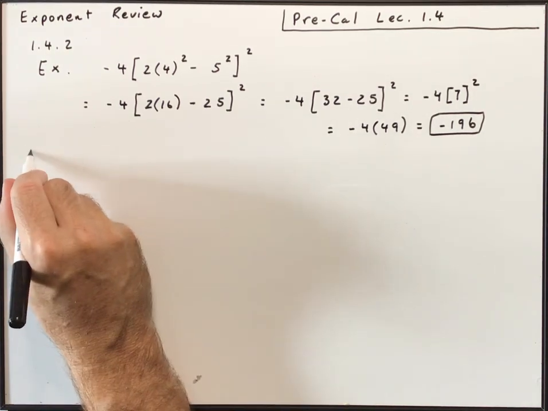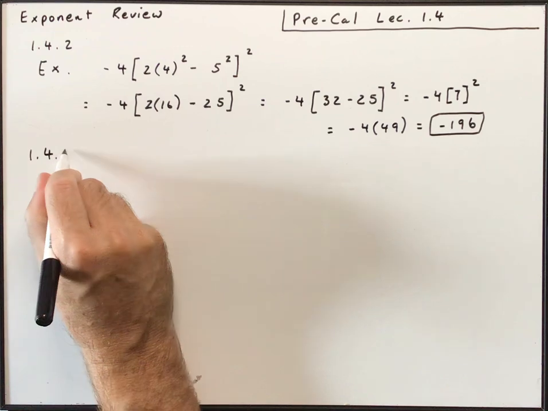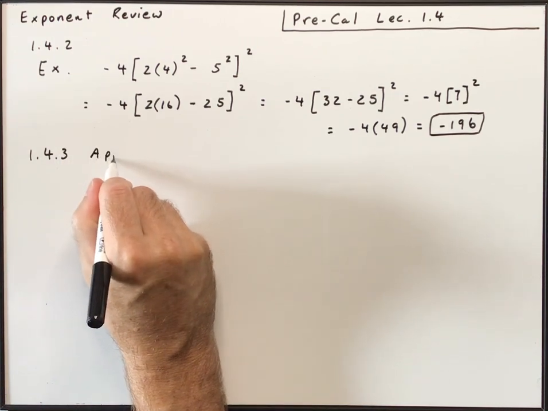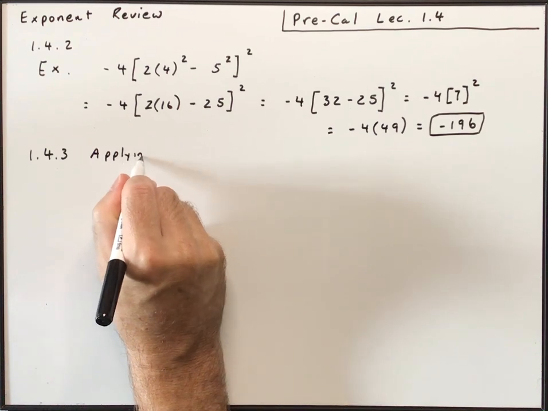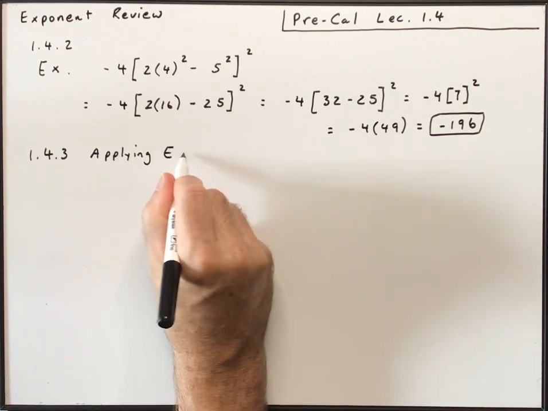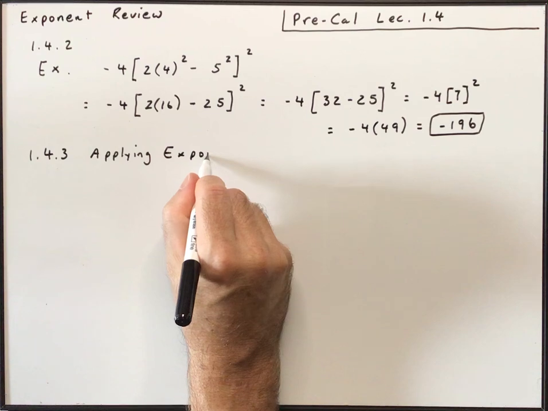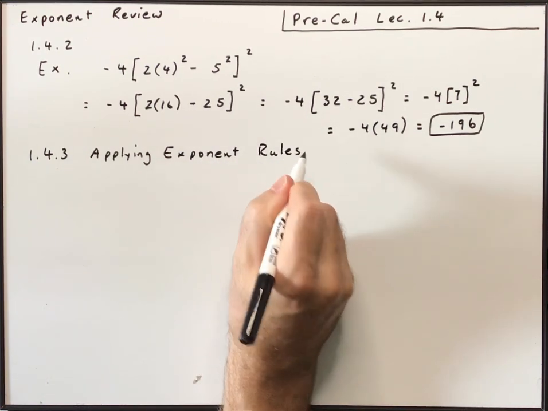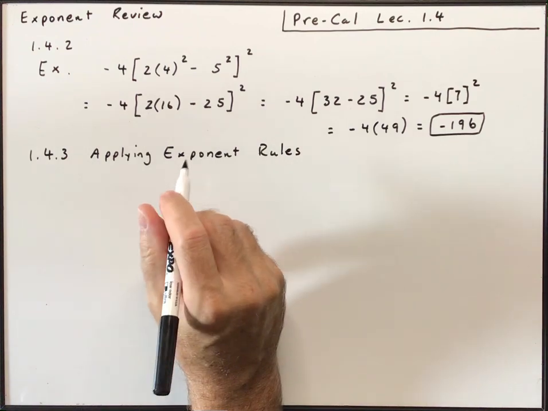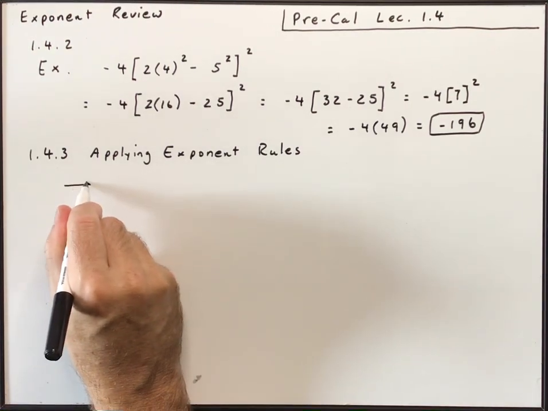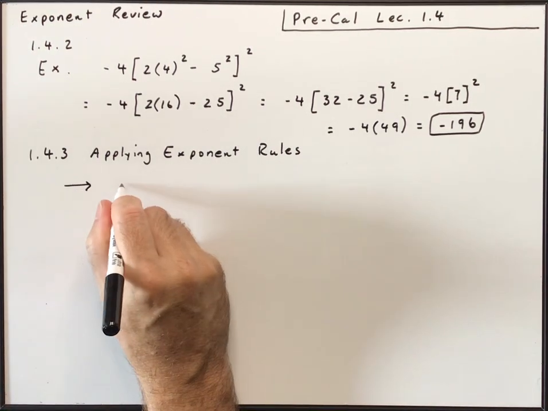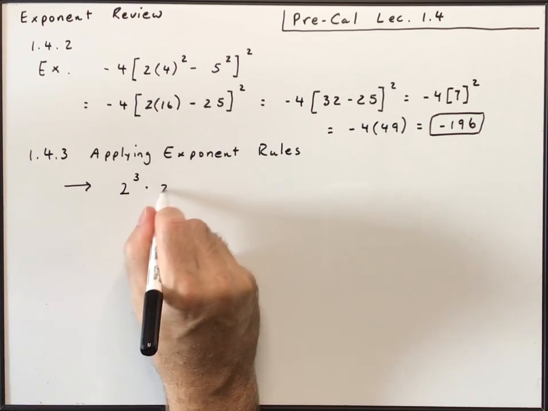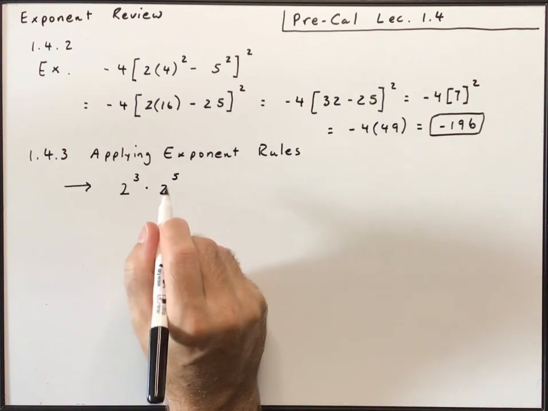So let's go to the next section, 1.4.3. We'll call this applying exponent rules. So let's say we have 2 to the third times 2 to the fifth.